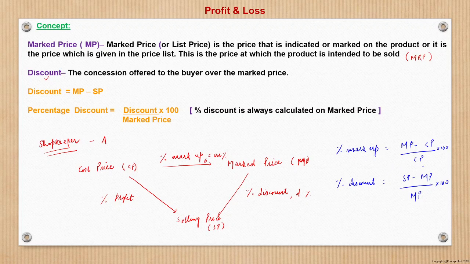Markup is always done on the cost price. And then we already have seen percentage profit or loss. That is nothing but SP minus CP upon CP into 100. This we can say that profit is always calculated over cost price.